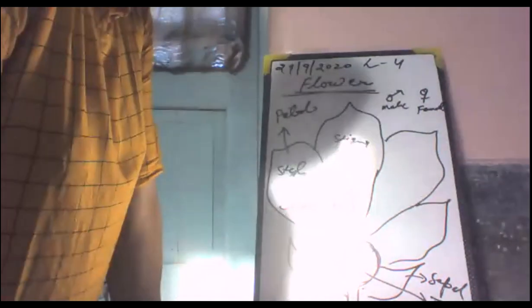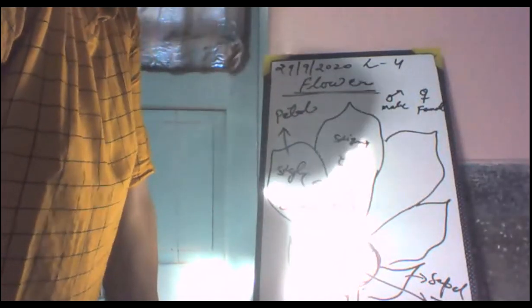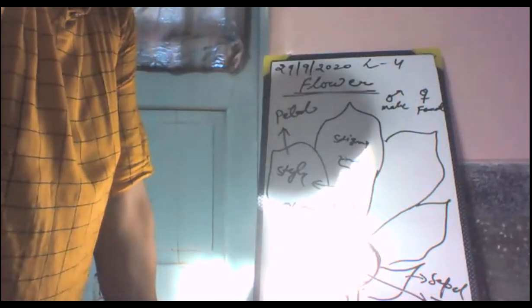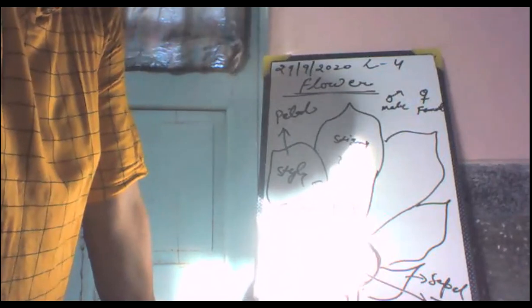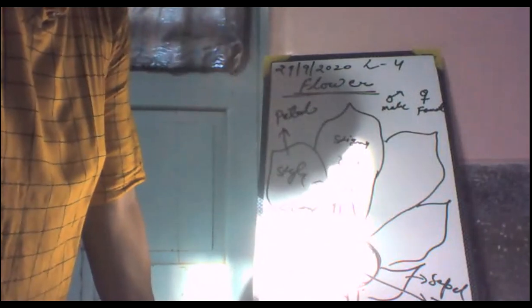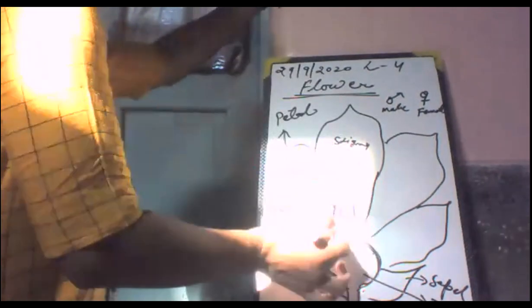This is the innermost part of the flower, the fourth whorl of the flower, known as the gynoecium. The gynoecium may be formed of a single female unit called a carpel, or of several fused carpels, and that is also known as the pistil. The pistil of a flower is the same thing as the carpel.